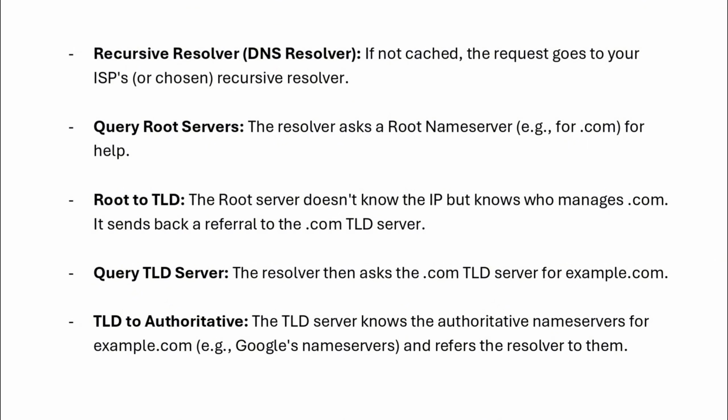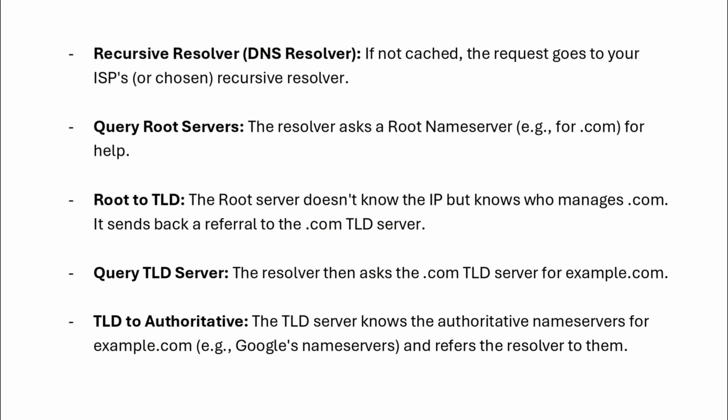These steps from the root to the TLD server all work to refer your query to the authoritative server. After the query is referred from the root and TLD servers, the authoritative server provides the actual domain information it has. For example, Google's name servers have the whole database.